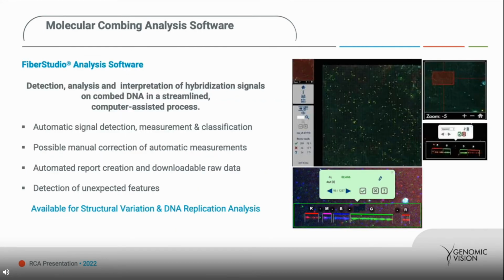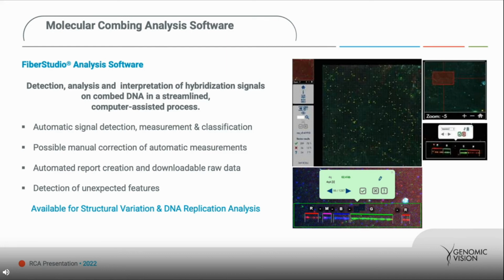For the data analysis part, we use our Fiber Studio analysis software, which allows the detection, analysis, and interpretation of hybridization signals on comb DNA in a streamlined computer-assisted process. You can see a photo of the software on the right-hand side, and each of the events is boxed in. Then you can visualize the events, the replicon in red and in green, and validate the event.